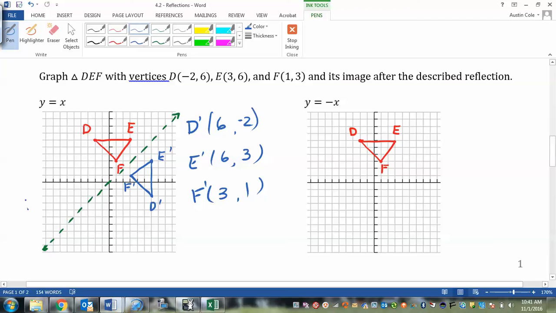Now when we're finished, I always ask ourselves, if I fold the triangle DEF down over the line y equals x, would I be at D prime, E prime, F prime? I think I would.